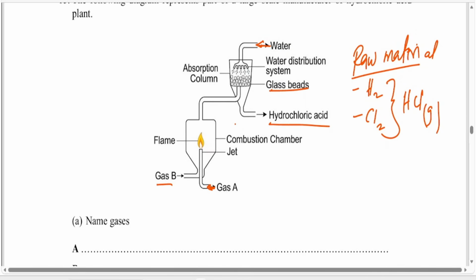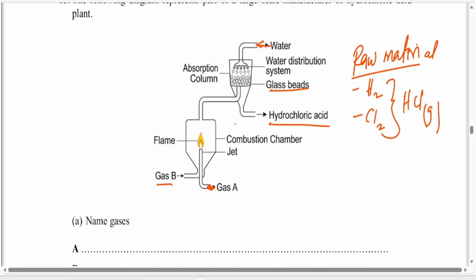To prepare hydrogen chloride gas, we need also to understand that these two gases are reacted, one of the gases being passed in excess and the other gas being passed in small amount, that is through a jet. The small amount of gas used is hydrogen gas.